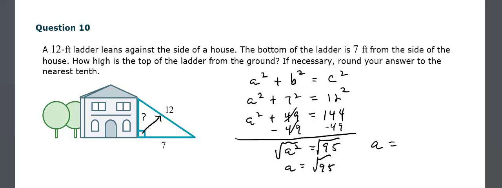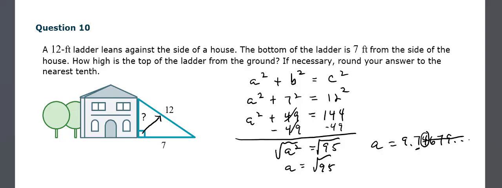So on your calculator, you're going to find the square root of 95, which is 9.74679. And we're rounding to the nearest tenths. So when I look to the right, that value is not greater than 4.